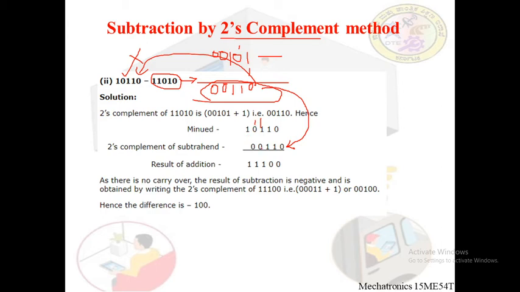Therefore this 1 plus 0 results in 1. Finally 1 plus 0 is 1. This is the result of addition. As there is no carry over, here we do not have any carry left because finally 1 plus 0 is 1 only. The result of subtraction is negative and is obtained by finding the 2's complement of the final answer.